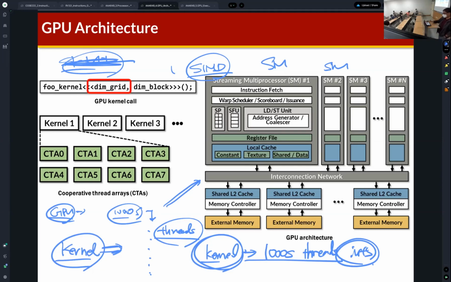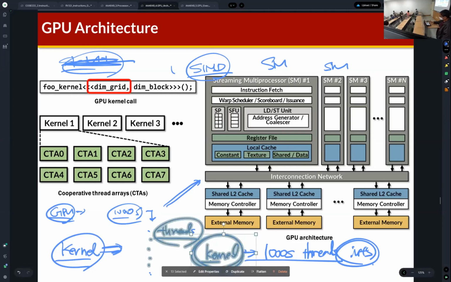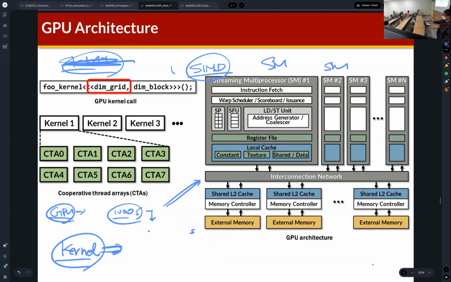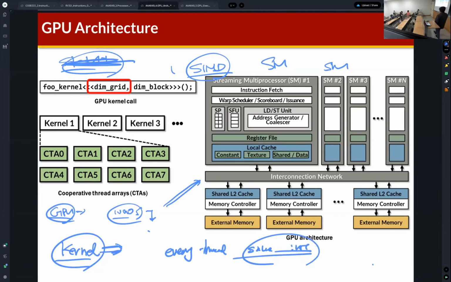So I said that GPU architecture is similar to SIMD architecture. Every thread executes the same instruction, but even though the instruction is the same, the data handled by this instruction is different.